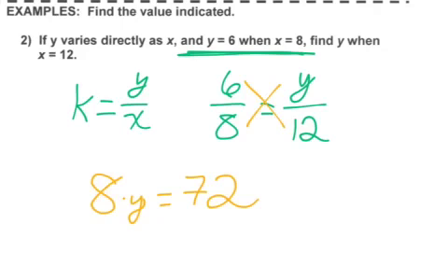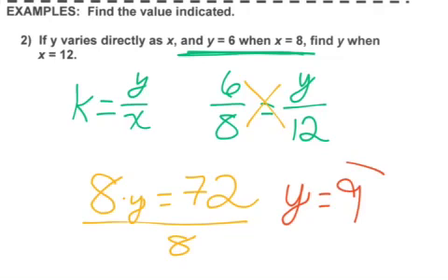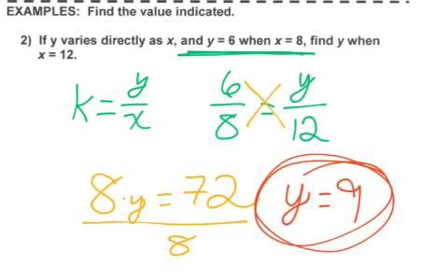To get back to y, we divide everything by 8, and so our y value is 9. It essentially told us how to find the ratio, the constant, by giving us the 6 over the 8. And then it asked us to find a missing piece, y.